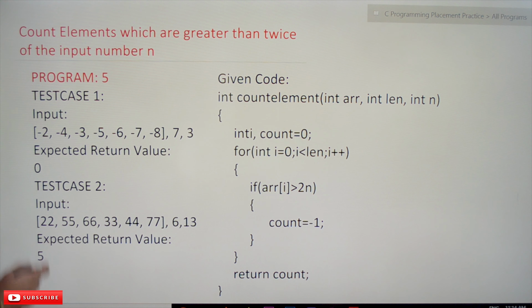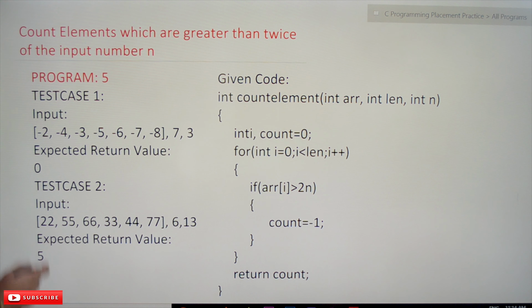Twice of 3 is 2 into 3, which is 6. So we have to count the number of elements in the array which are greater than 6. It is very simple logic, and this kind of problem is frequently asked in placement exams.